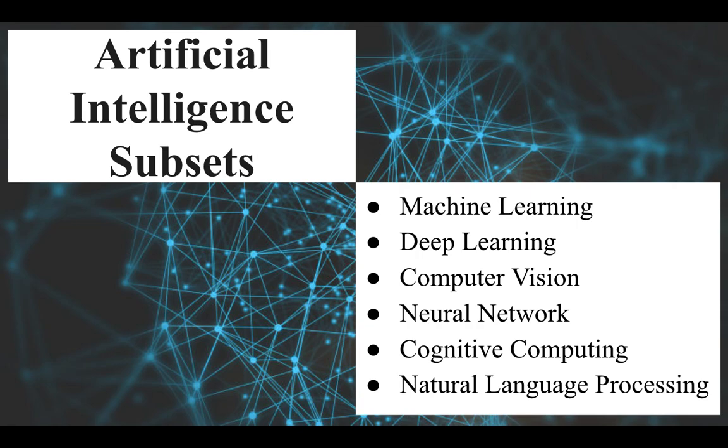Next, we have computer vision. Computer vision is a key subfield of AI that makes computers extract information from images, videos, and other types of visual inputs.